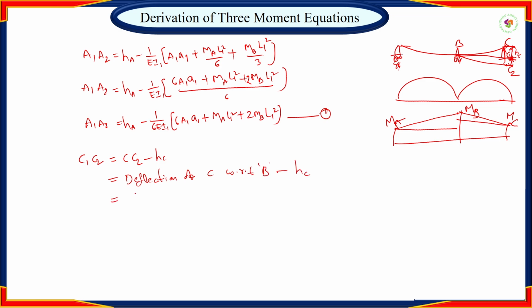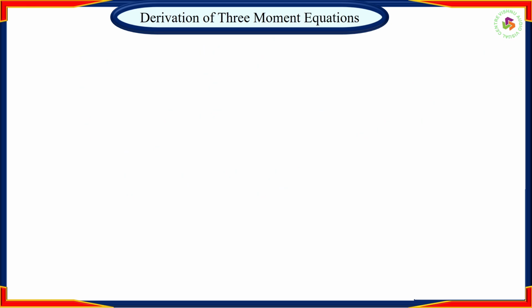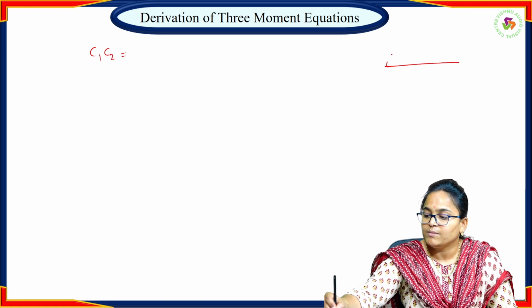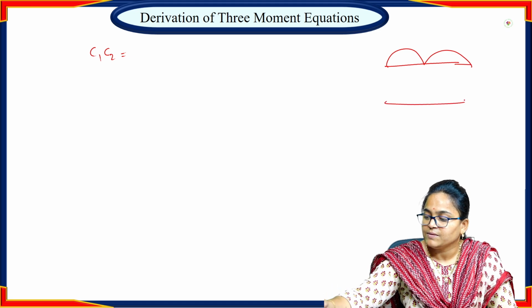Now this deflection we get from the moment of the M by EI diagram, for both the free BMD and fixed BMD. So this is called the free BMD and this is the fixed BMD. Now this is minus HC. Now C1, C2 can be written as the moment of the free BMD for the BC span.